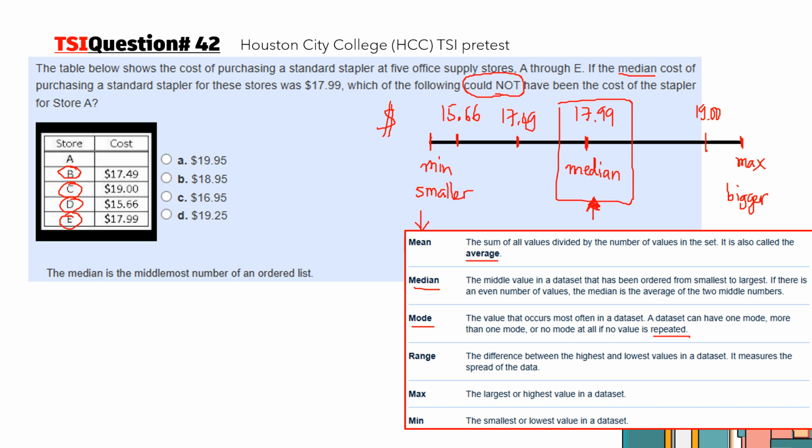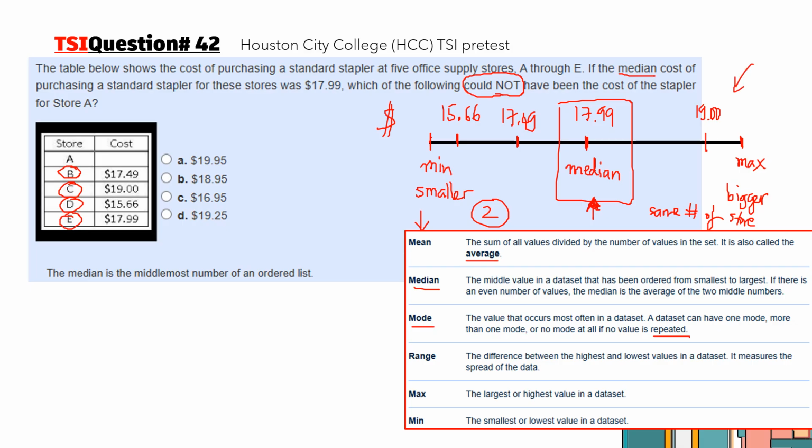So on both sides we have the same number of stores. On this side we have 2 stores right here, and on this side we only have 1.